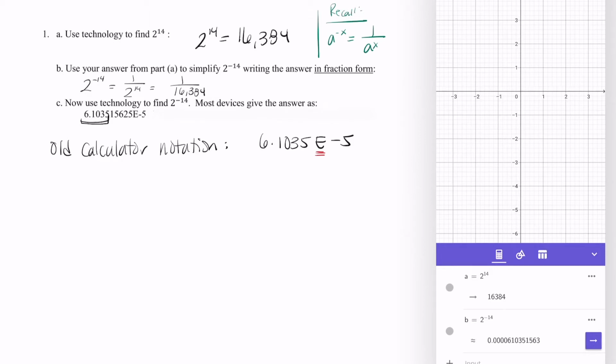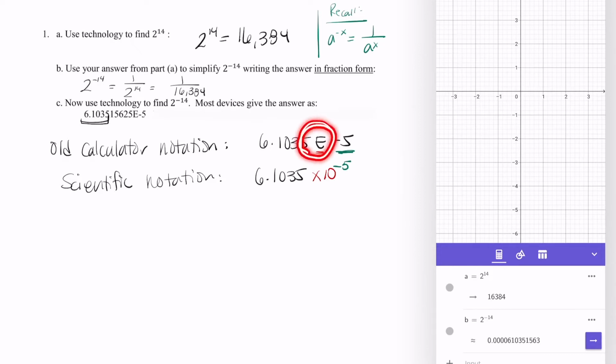What this means is actually scientific notation. The 6.1035 stays the same, but instead of e, we write times 10, and then this negative 5 becomes our exponent. So every time you see this e on an old school calculator, replace it with a times 10 and make the number afterwards the exponent.